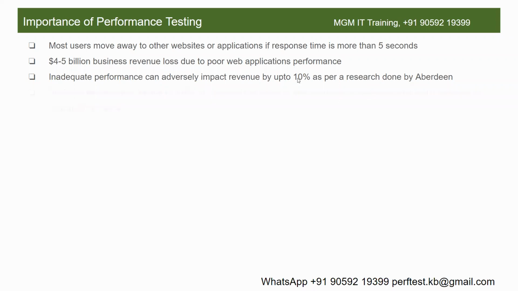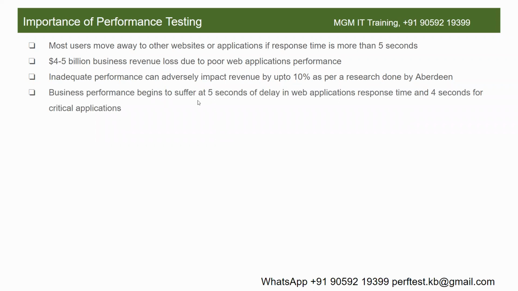Now it may be much more than that. And business performance begins to suffer at 5 seconds of delay in web application response time, and 4 seconds for critical applications. Nowadays, most applications respond within 5 seconds. If it crosses 5 seconds, your business performance will start suffering.